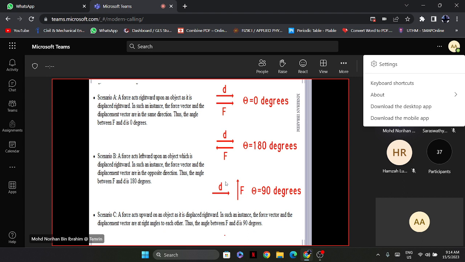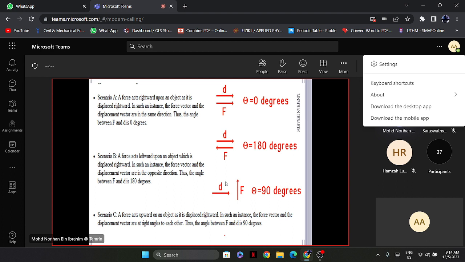There is scenario A, scenario B and scenario C. So there are three scenarios altogether. Any motion or displacement of the object or particle is categorized as scenario A, scenario B or scenario C.